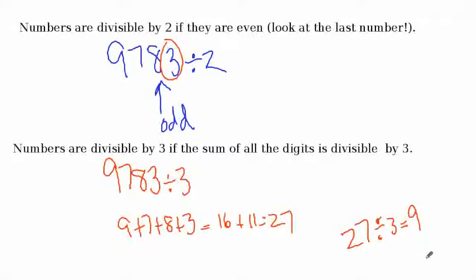So therefore, because the sum of the digits is divisible by 3, this number is also divisible by 3. So this has no remainder. So I was able to figure that out without having to do all the work. Okay? So you might want to remember these little quick ways.